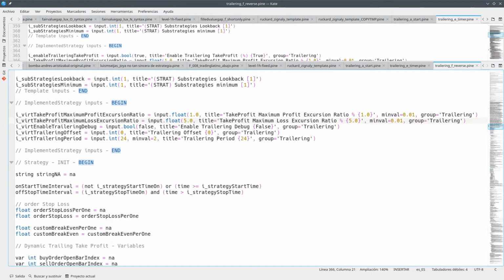And this is 5. Did we want this value or something else? That's a good question. Because what happened to work is the ratio take profit, something that I'm going to define later.